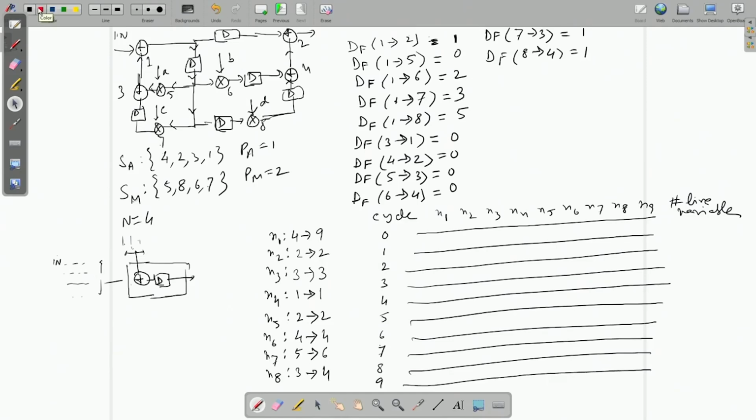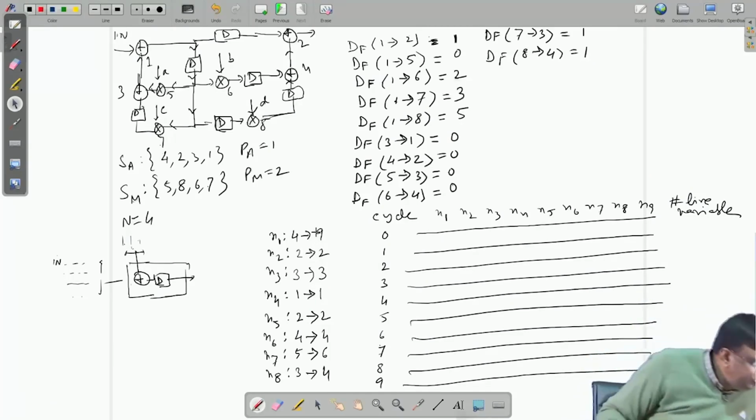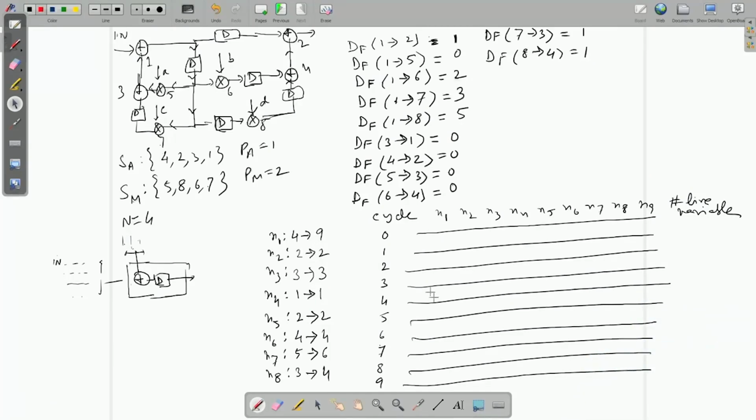Okay, start with N1. N1 born in 4 goes up to 9. Then N2, 2 and 2. N2 born in 2, consumed at that time, no need to store. N3, 3 to 3. N4, 1 to 1. N5, 2 to 2.